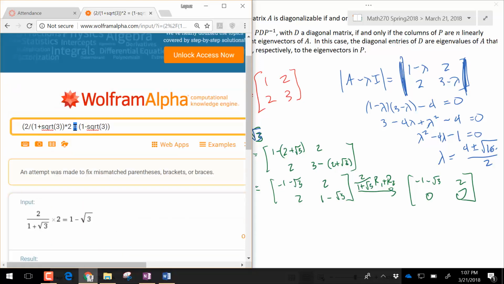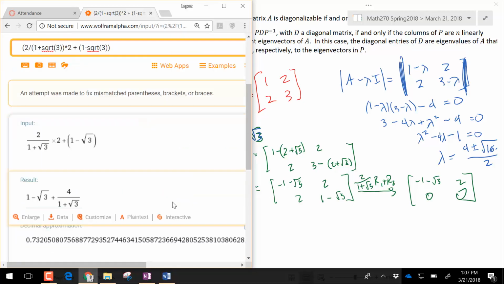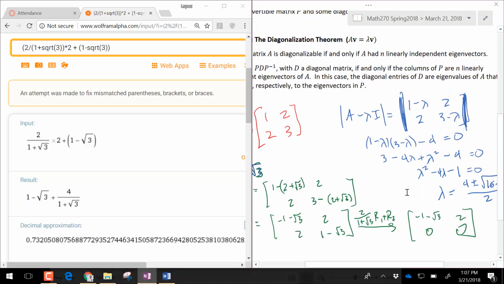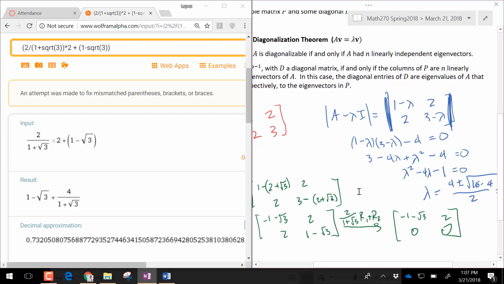It's supposed to be 0. Negative square root of 3 minus 1. Yeah, same. All right, let's go back and check our eigenvalues.